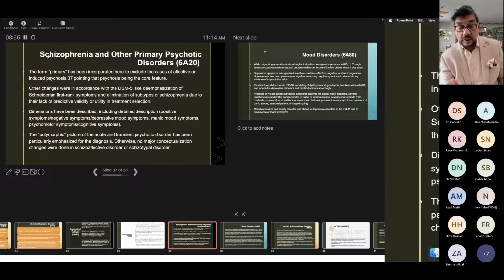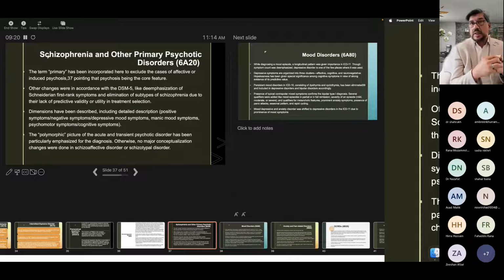You can still label it. The only problem you will face is that it probably won't come under section 6. It will come at other places as well, so the coding will probably be different. And again, don't get confused. Go to MMS, put in the diagnosis, and you will see all the details about the diagnosis.